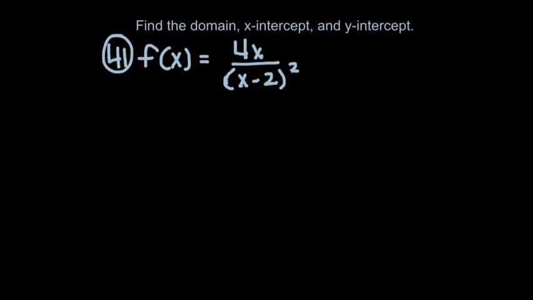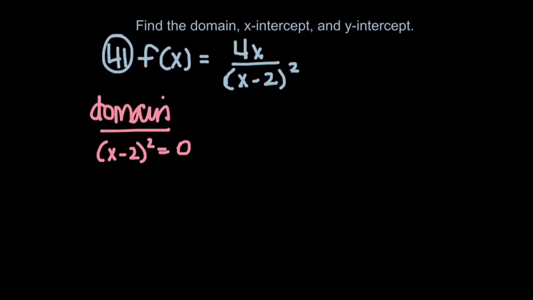For this one, finding the domain still means setting the denominator equal to 0 and then removing any of those values. So I would take the x minus 2 quantity squared and set it equal to 0. To clear the squared, I would take the square root of both sides. So I can think about this as taking the square root of this side and plus or minus the square root of 0.